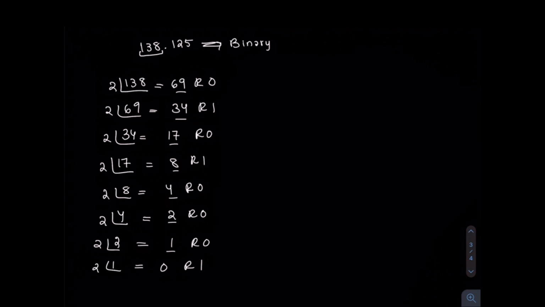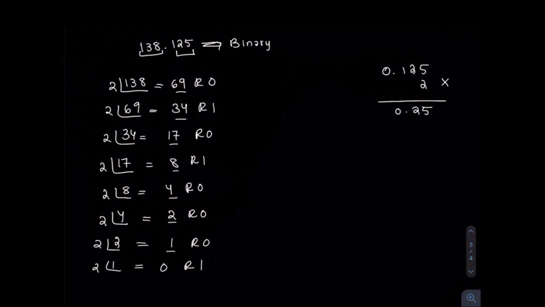So the fraction part now. We will write 0 point, the number that we have on the right side, which is 125, and we will multiply it by 2. So the answer that we're going to get is 0.25. Then we will multiply this number by 2.